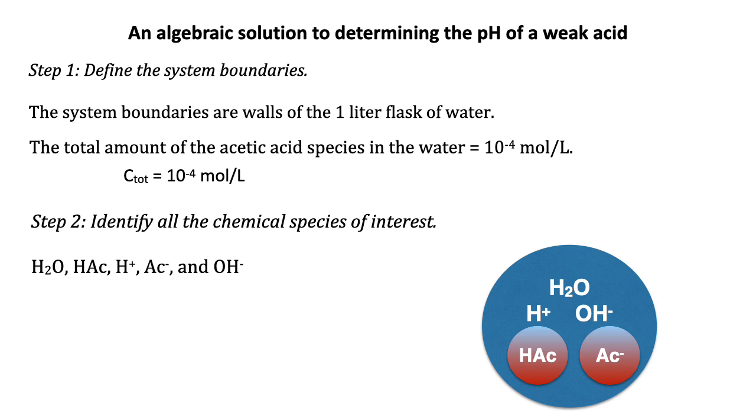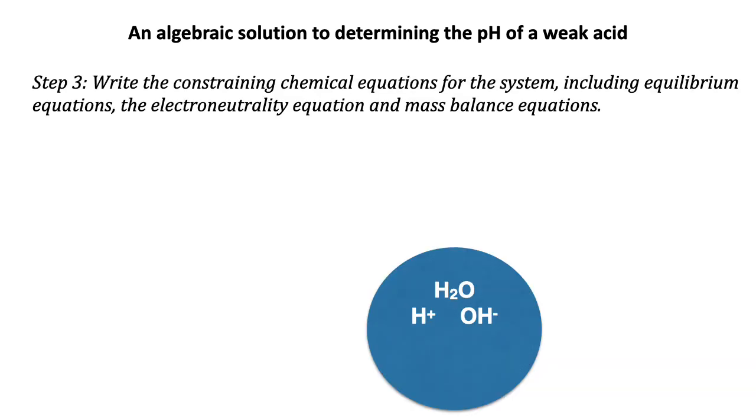Next, we'll write down all these species in a species list, which is the same as saying this is our variable list. We have H2O in solution. In this case, because it's a weak acid, we have HAC. We also have H+, AC-, and OH- in our solution. Next, we want to write down all the equations associated with the water and the acid in solution.